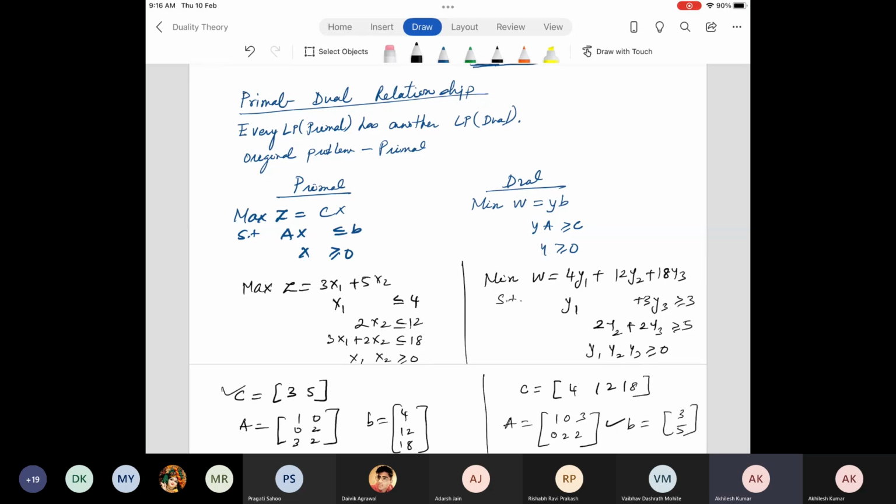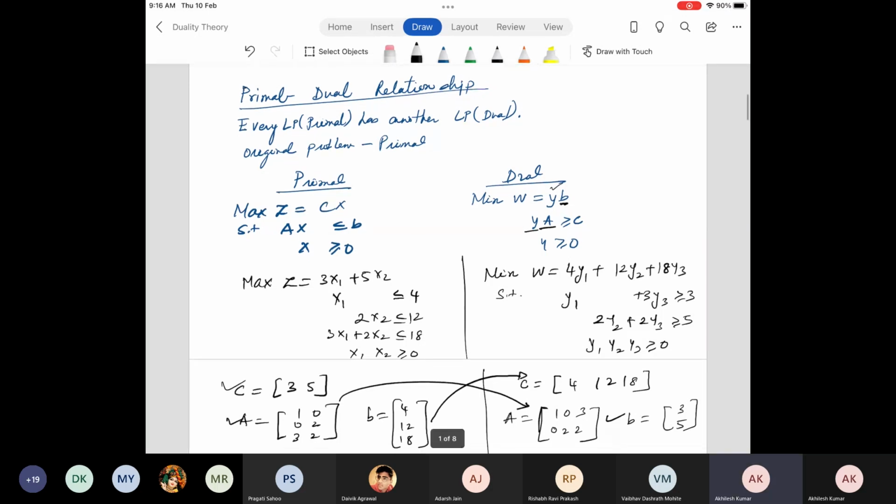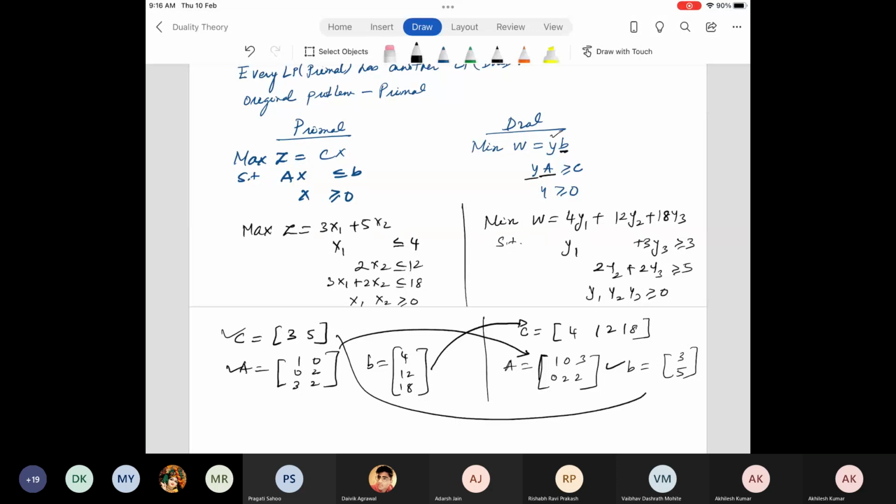So C and B are swapped here. The reason is that it is a transpose. Now Y is in front, the A matrix is transposed, and the B matrix now becomes C, again transposed. This is how we can write the dual of a primal problem.